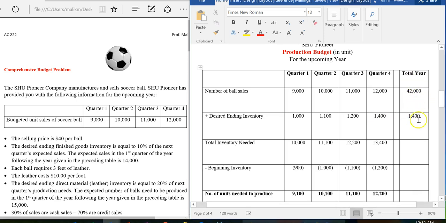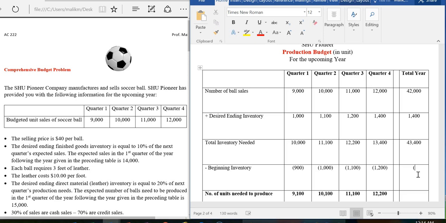Now, if you add these two, you will find it's 43,400. Now we're going to subtract our beginning inventory. Again, you cannot add all these things. Remember, the whole year's beginning inventory will be the first quarter's beginning inventory, because the first quarter's first day is the entire year's first day.